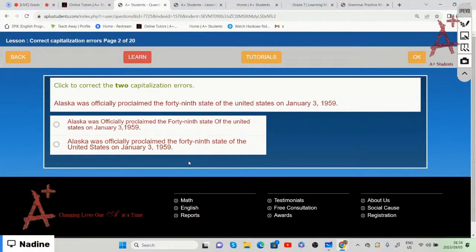Alaska was officially, the O for officially, proclaimed the 49th state, the F for 49th, of the United States on January 3, 1959, or Alaska was officially proclaimed the 49th state, which is lowering the S for state, of the United States in January 3, 1959, which means that United States is capitalized.